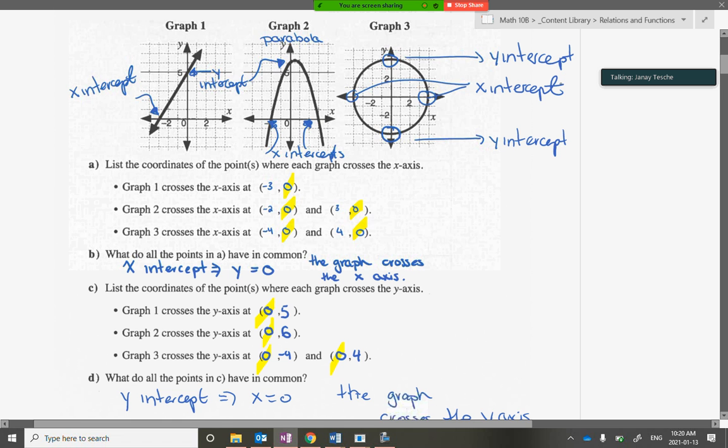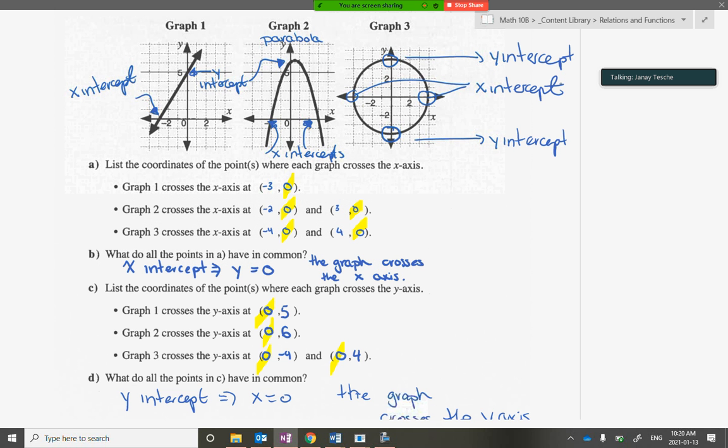This will have lots of questions on solving and finding your x and y intercepts from here. Can I turn the page? Are you guys okay? Okay.